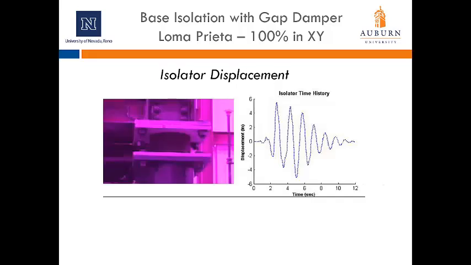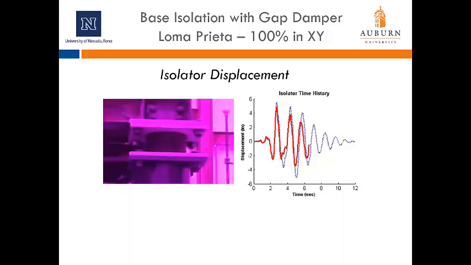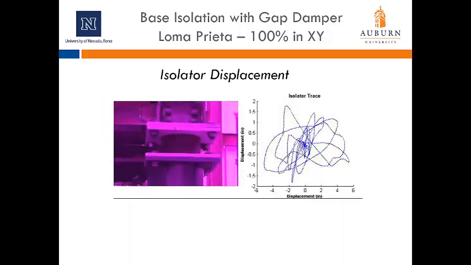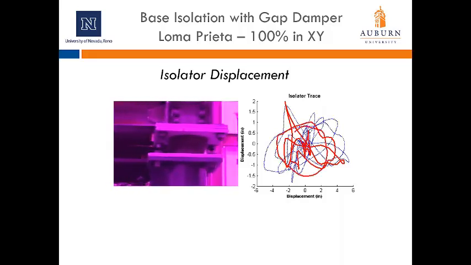The isolator displacement history, the isolator displacement trace. This is displacement in X versus displacement in Y. Again, blue for base isolation, red for the system with gap damping.